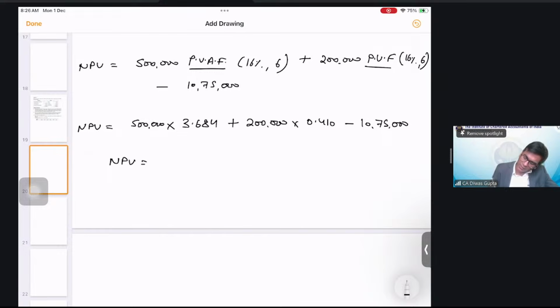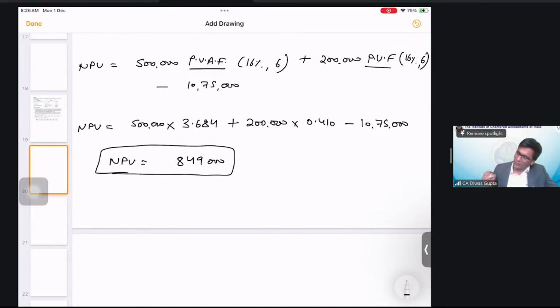So the NPV becomes 8,49,000. So 5 lakh into 3.684. Can you just check once the calculation? Yes, it is 8,49,000. Perfect. Thank you for the confirmation.